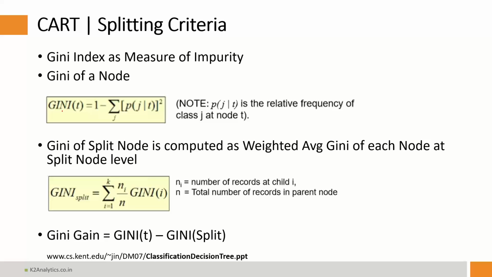If I say the data has 75% win back and 25% no win back, and compare it with data having 90% win back and 10% no win back, 75:25 versus 90:10, I would say the data having 75:25 composition of the two classes is more impure compared to the data having 90:10 distribution.